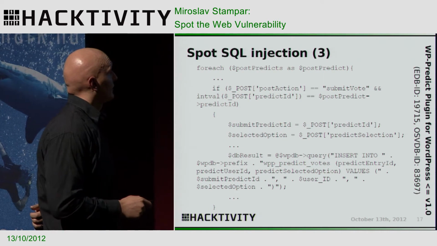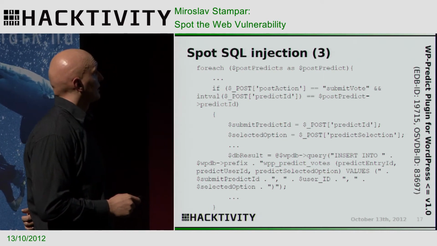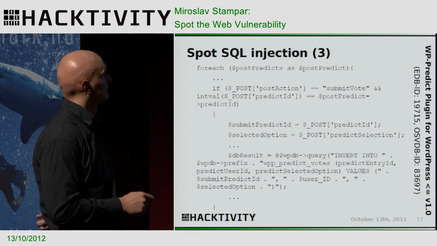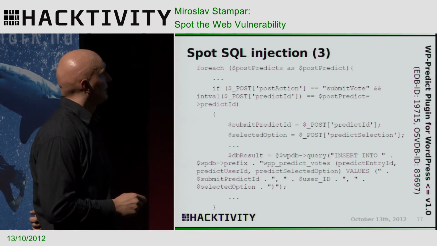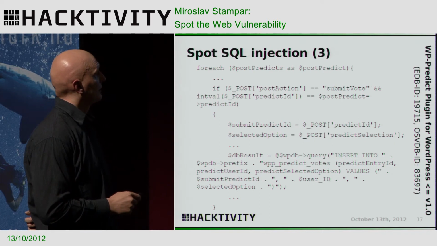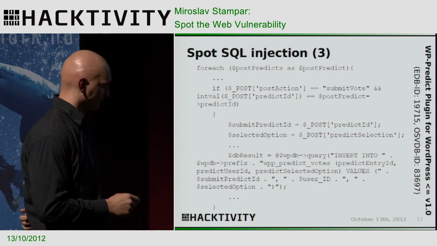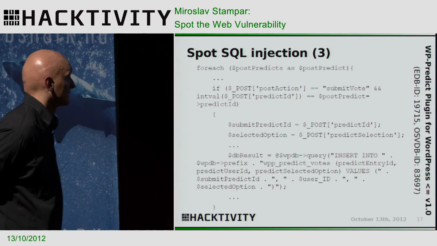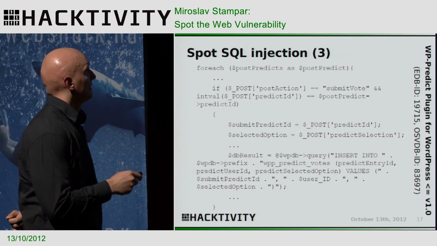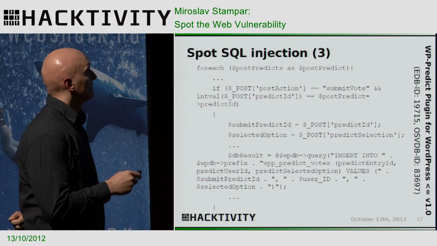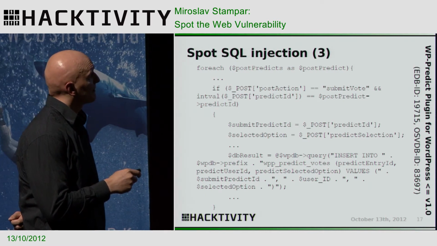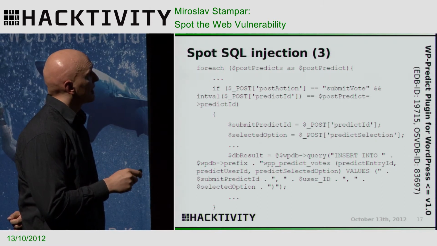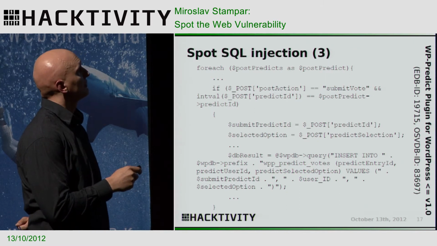Third example for SQL injection, you can see here an SQL injection in an insert statement. Here you can see one of the affected parameter values. You can see that the POST parameter value predict ID was compared somehow to the iterated values.